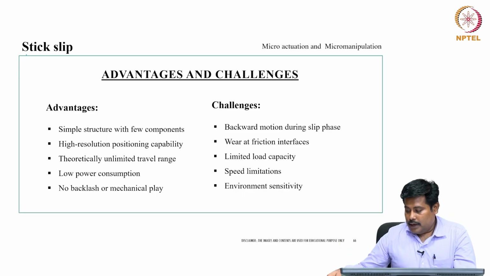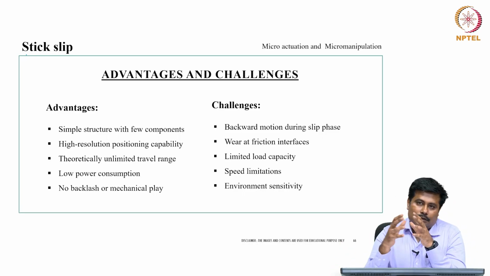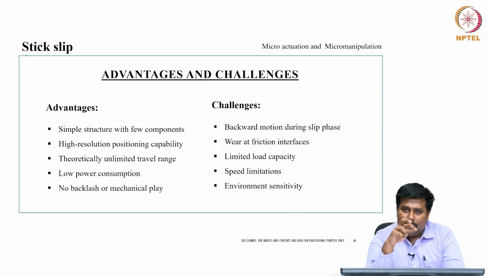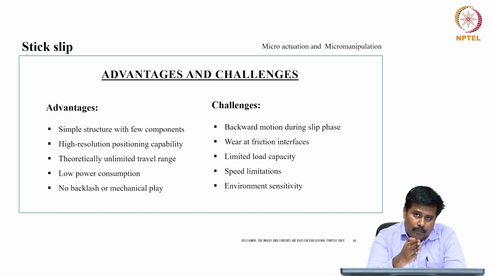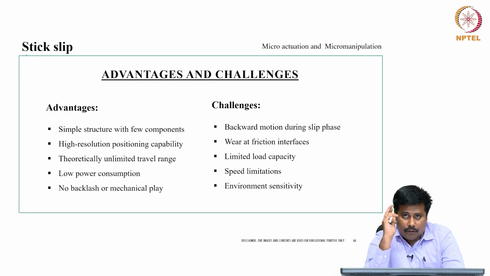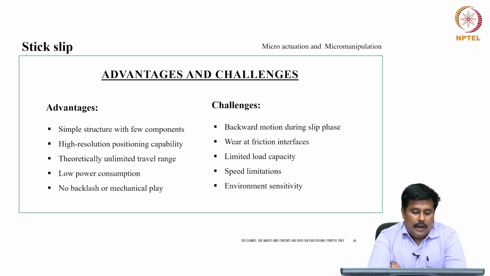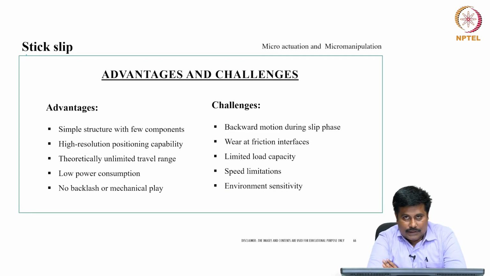In fact, if you keenly observe the overall construction of this stick slip mechanism, it has only 2 feet, so the appropriate actuation of these 2 feet is highly simple, such that it can have control over micro positioning as well as higher order positioning. It has high resolution and positioning capability. Theoretically, it has an unlimited travel range. It has low power consumption, and there is no backlash or mechanical play.